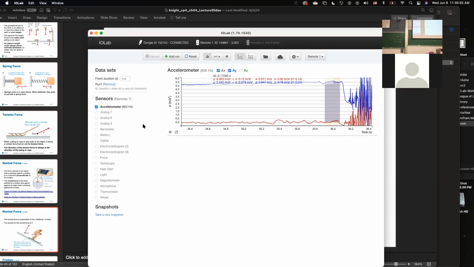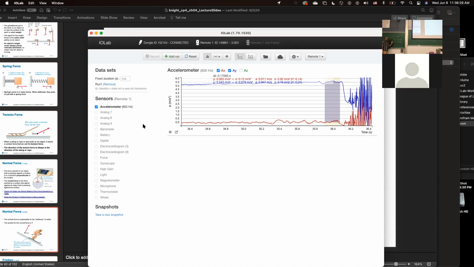Okay. So now what force are we measuring here? Is this a force due to static friction, or what are we measuring with this sensor? Well, the sensor was telling us what the normal force is, right?